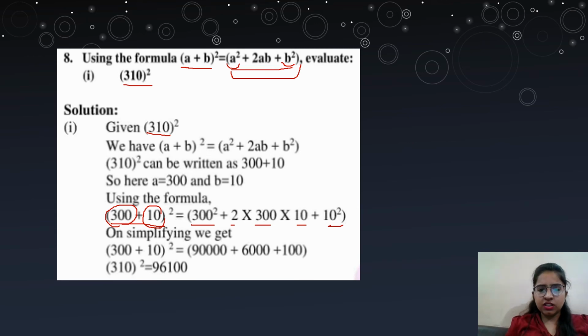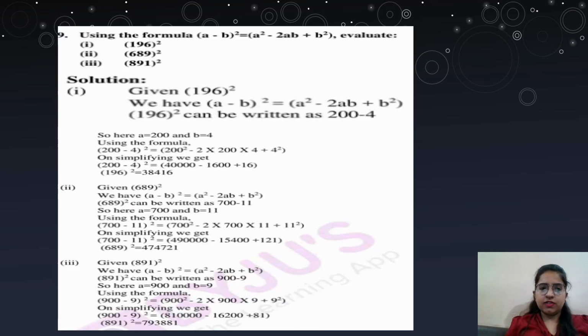Just solve it. 300 square is 90,000. 2 into 300 into 10 is 6,000, plus 100. It will be 96,100. This will be the answer. Clear? Same identity, but the minus sign is over here.